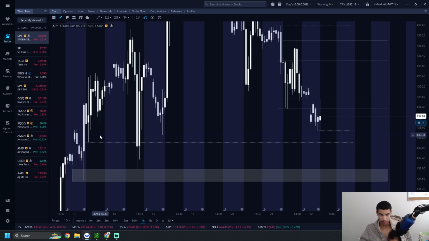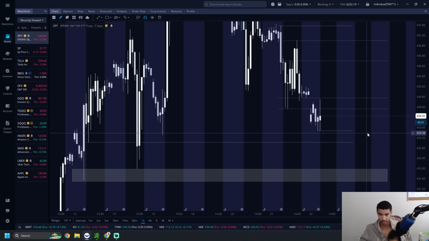And I would make that a zone, from the bottom of this wick to the top of this wick. But because it's so close to our pre-market low, there's really no room for a trade right there. So that zone's not even worth drawing and looking at.